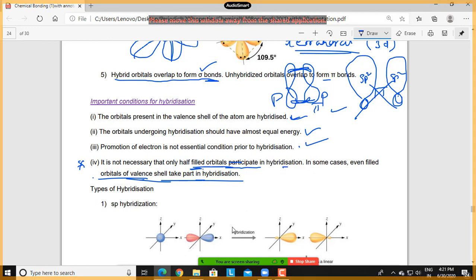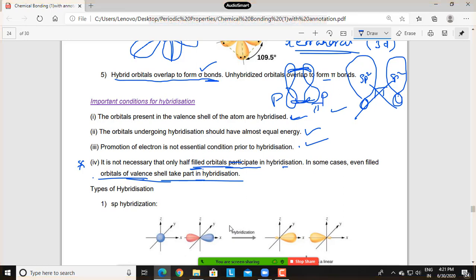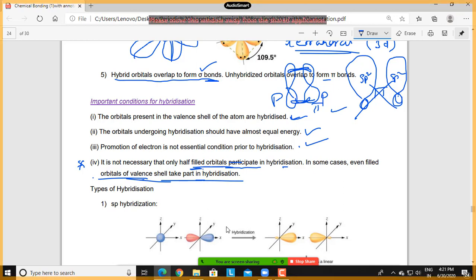You can mix any one of the three, no issue. Depending upon requirement, it's not a choice, it's depending upon the emergency. So wherever required, px may mix or py or pz.